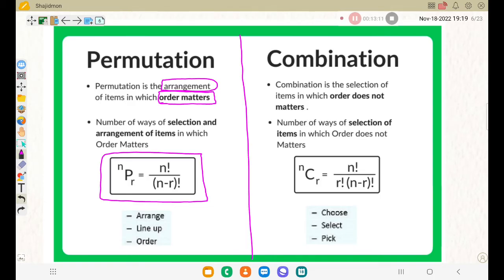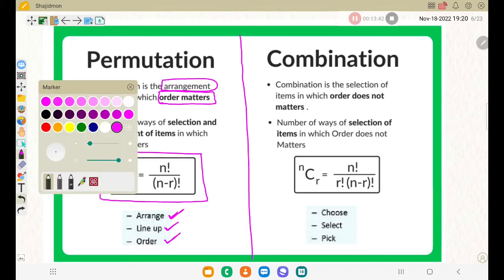Now when we get a question, you can see words like arrange, line up or order. Those words will be there in the questions, like find the arrangements, find the permutation, line up the elements or order the elements. So in permutation, order is important, and it is just an arrangement. This is the rule for that.